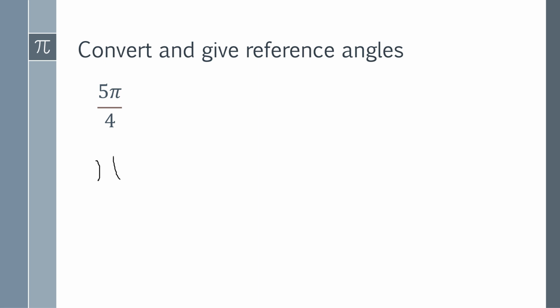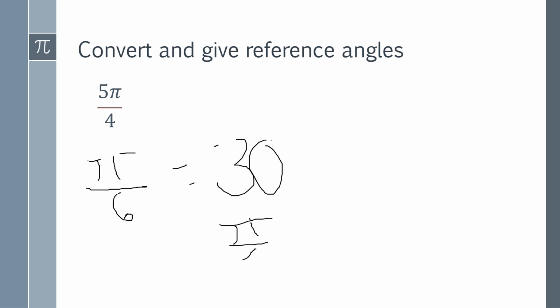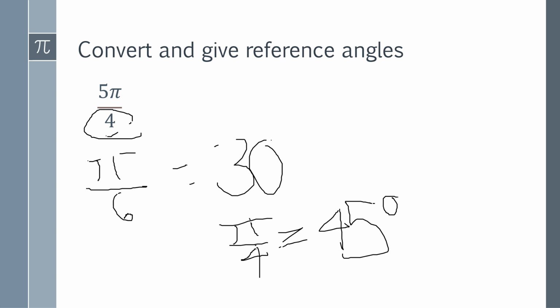We know pi over 6 is 30 degrees. And we know pi over 4 is 45 degrees. Anything with the denominator of 4 is always going to be 45. So therefore our answer is 45 degrees.